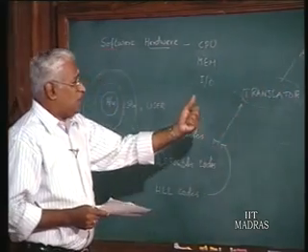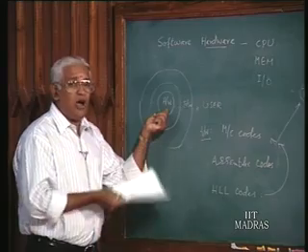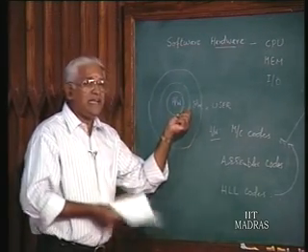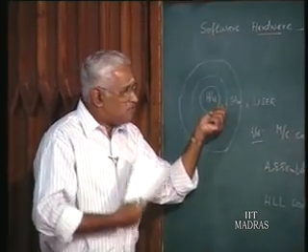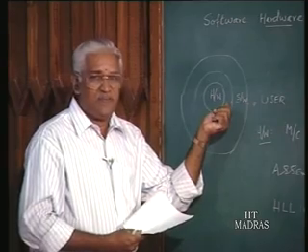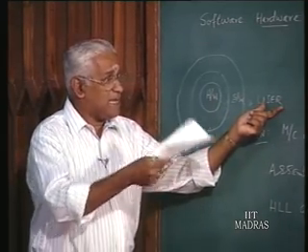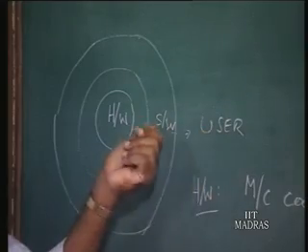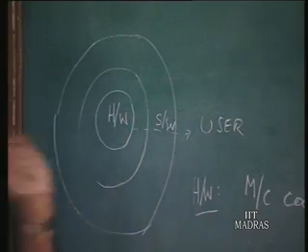Starting from the hardware, we are going to one level of software which is permanently there with the system, say the Fortran compiler, the Pascal compiler or a BASIC interpreter. So that the user can write appropriately and make use of whatever is needed to translate to machine code, so that the program can be run subsequently.